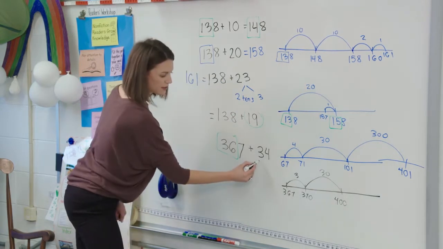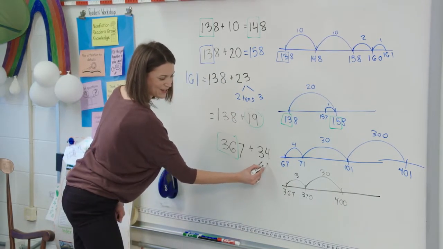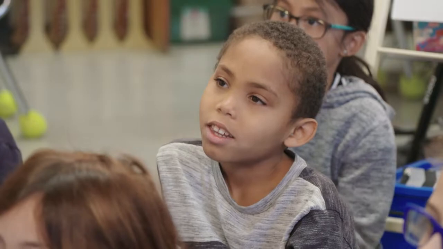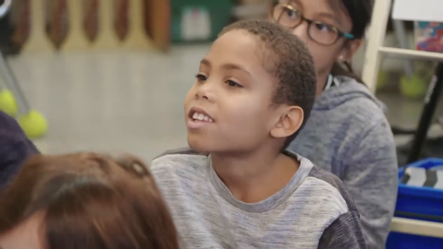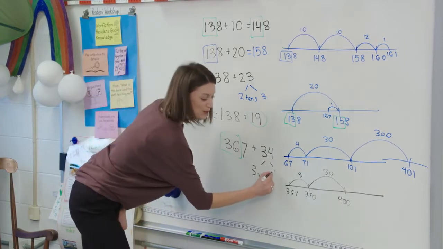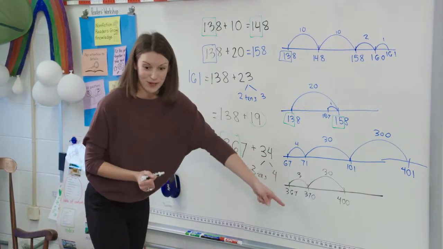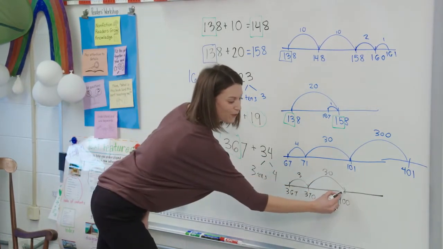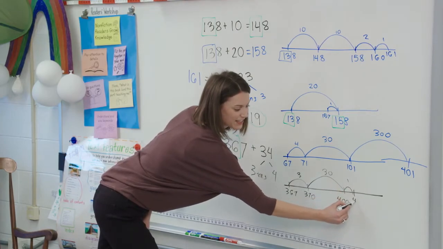Because you noticed, oh, in 34, you have 3 10s, so you added those 3 10s. And then, what a smart idea, you broke out the 4, but you split it up, and you added the 3 on first, and then you added the 1 on in the end.